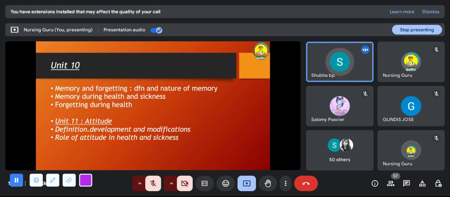So in unit 10, you may expect 3 marks questions: characteristics of memory, characteristics of forgetting, define memory, define forgetting. And the next is unit 11. Unit 11 is important for the long essay question, 15 marks. They may ask about attitude.